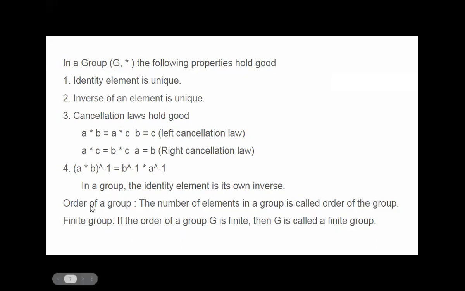Then what is the order of a group? The number of elements in a group is called the order of the group. Then finite group: if the order of group G is finite, then G is called a finite group.